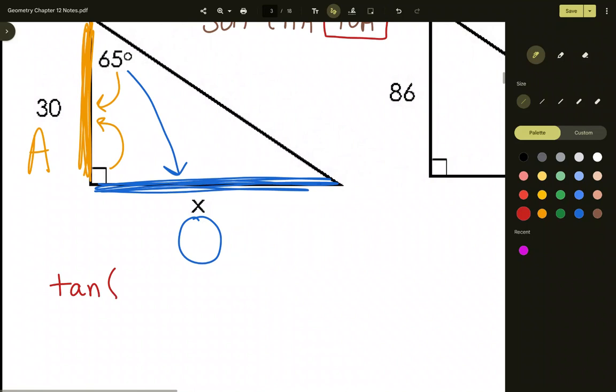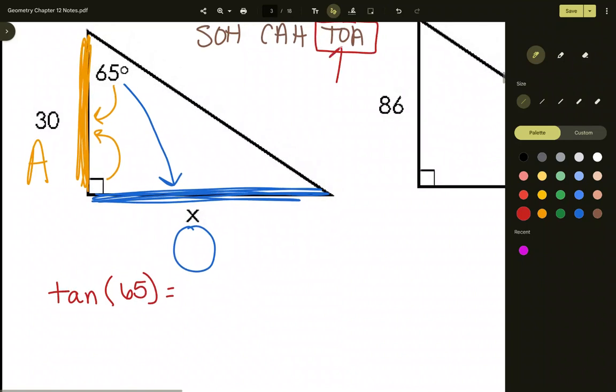So I'm going to zoom out a little bit here. Tangent. Next to that always goes your angle measurement. This is 65 degrees. And then I'm going to do the O value, the opposite, divided by the adjacent value. So that would be the unknown x divided by the adjacent value, which is 30. Again, because this is a nice ratio on the right, I can create another ratio on the left and then just cross multiply.